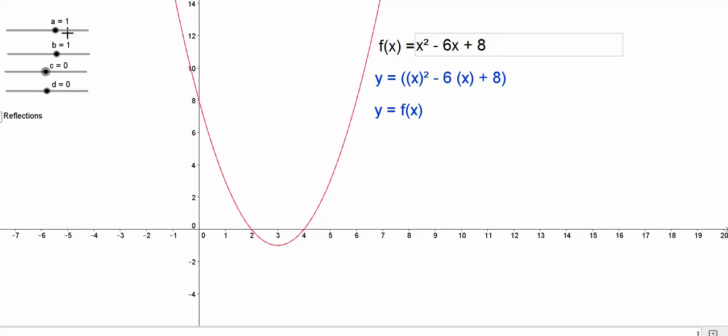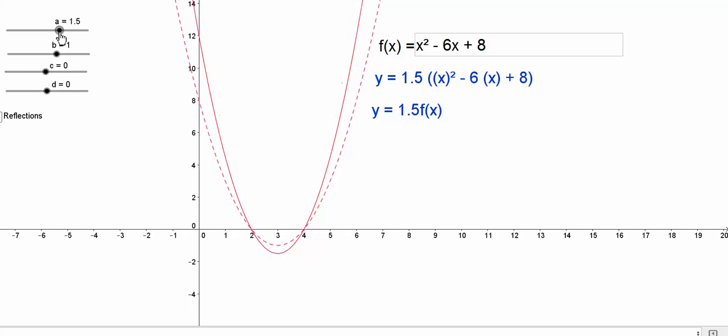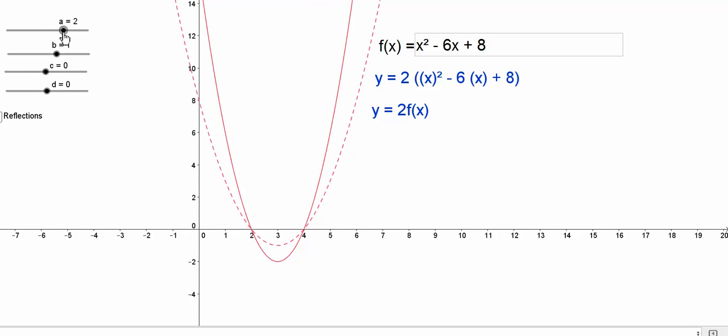Another type of transformation is a stretch. Here is a stretch of factor 2 parallel to the y-axis. And we see what's happened here. The curve has been stretched.